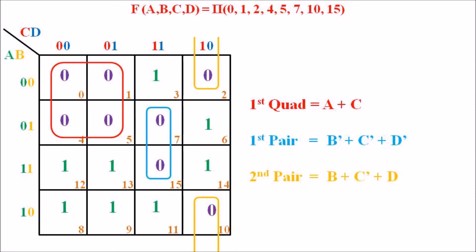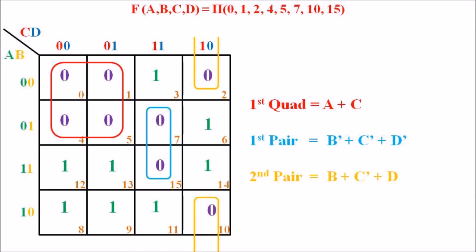When it comes to the first pair, which is marked in blue color, the pairing is between cell 7 and cell 15, and this lies in row 2 and row 3. In these rows, the value of A is changing from 0 to 1, thus we can ignore the value of A, and the unchanged variable in these rows is B equal to 1.